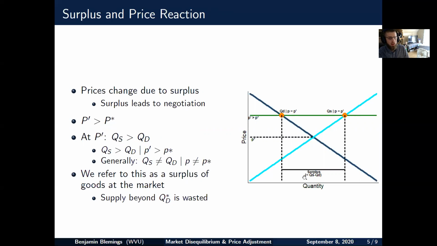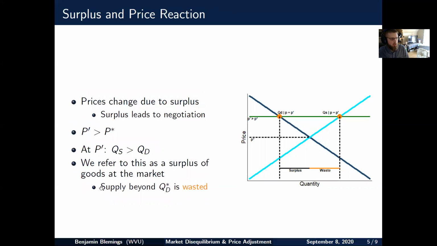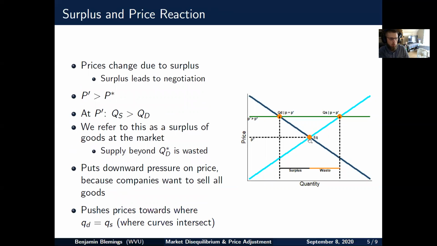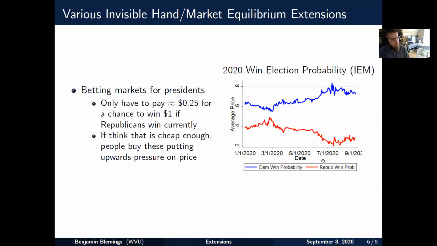And we refer to that difference between QS and QD when P prime is above P star as a surplus. There's this many goods being supplied, but only the QD goods being demanded. And so there's a surplus of QS minus QD. And the supply beyond this QD is just waste, because no one is buying it at this point. And that leads to this downward pressure on P prime towards P star, which is this equilibrium price.